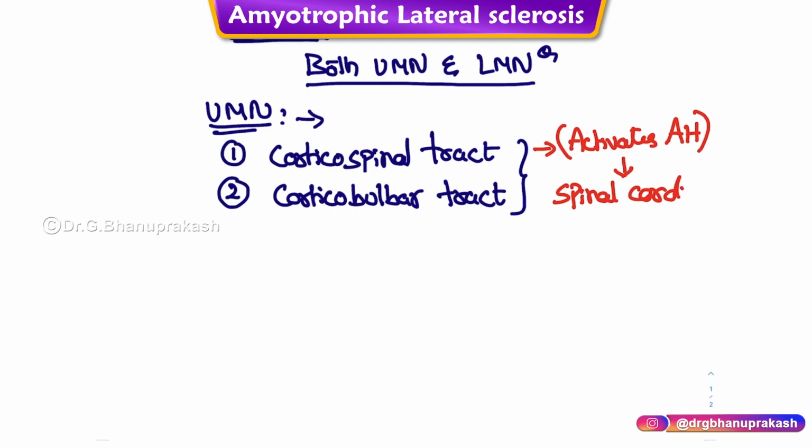Coming to the corticobulbar tract, it facilitates movement by activating brainstem lower motor neurons. The corticospinal tract activates anterior horn cells, which are lower motor neurons located in the spinal cord, and the corticobulbar tract activates lower motor neurons in the brainstem.